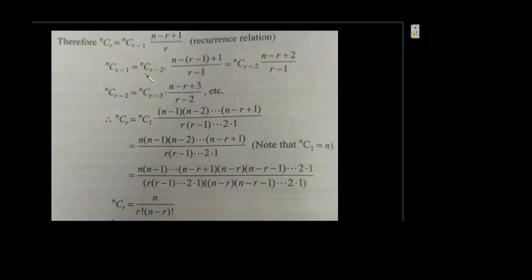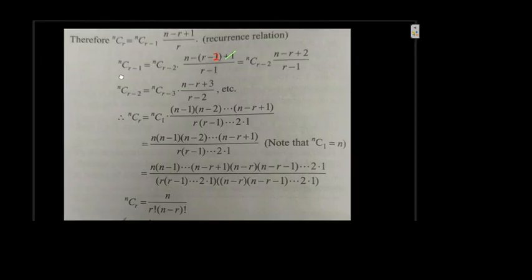I ended up getting n choose r minus 2 times n minus r plus 2 divided by r minus 1, which we can substitute for this n choose r minus 1 term in terms of n choose r minus 2. We substitute here.